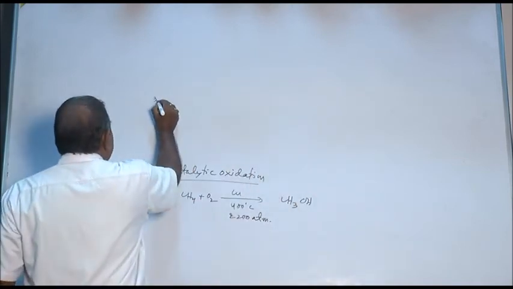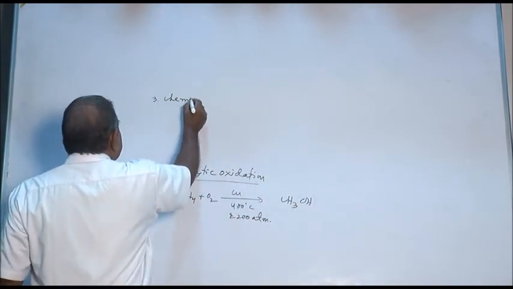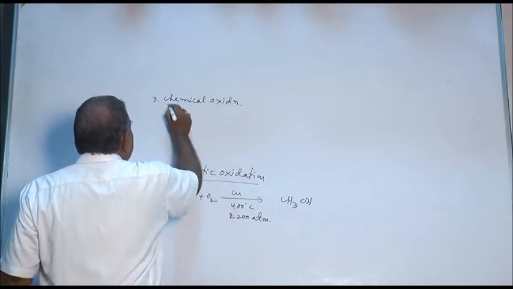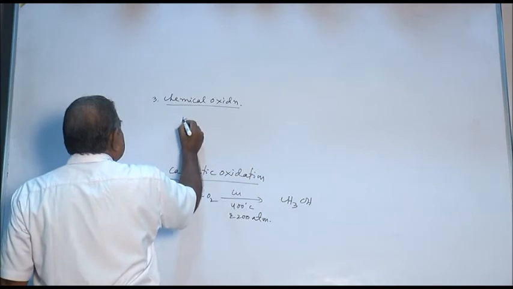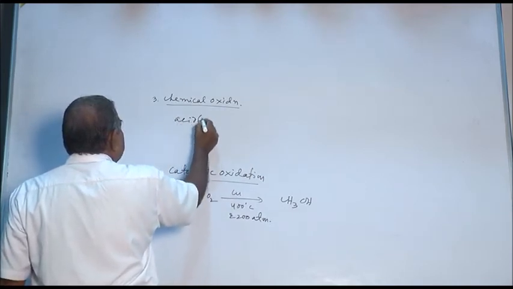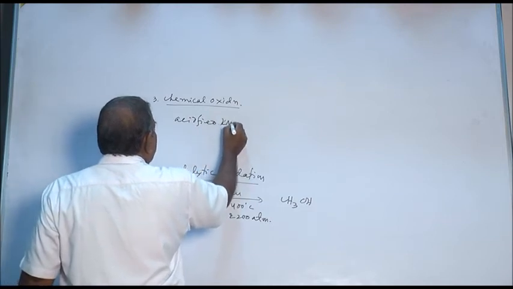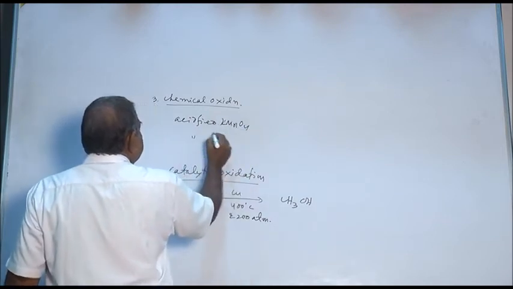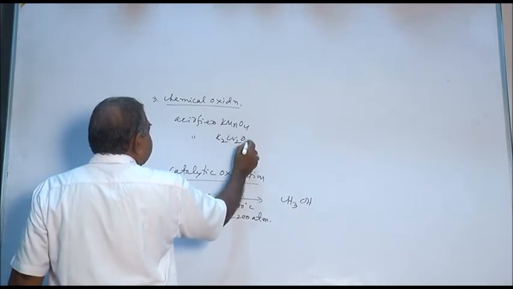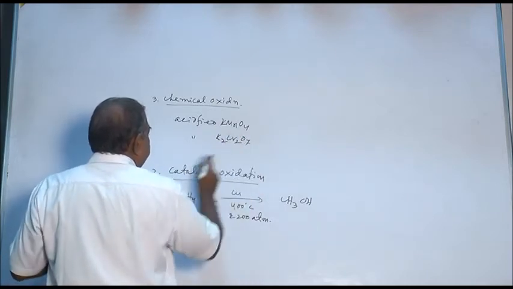Third, chemical oxidation. Alkane does not undergo chemical oxidation, that is, acidified potassium permanganate or acidified potassium dichromate cannot oxidize alkanes.